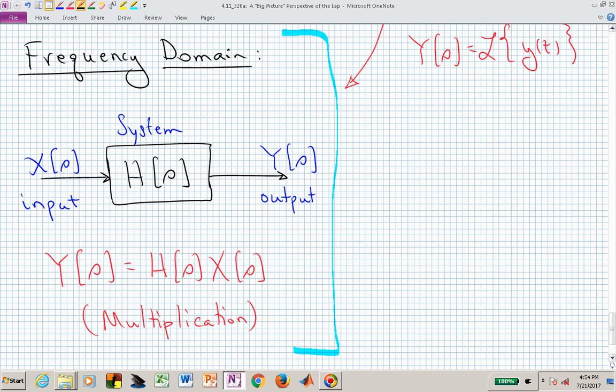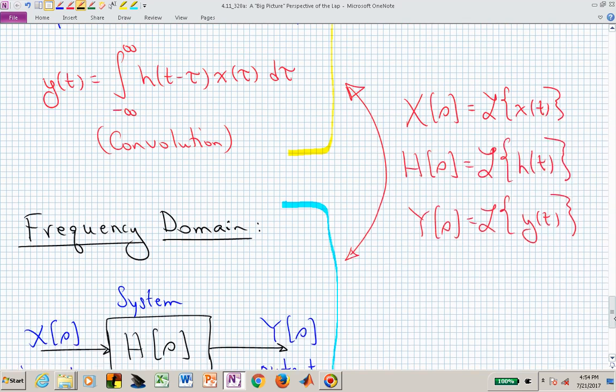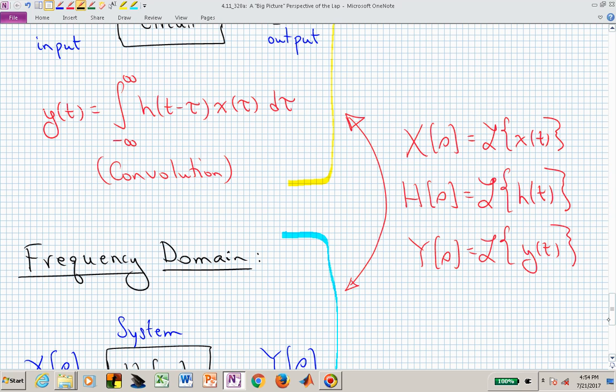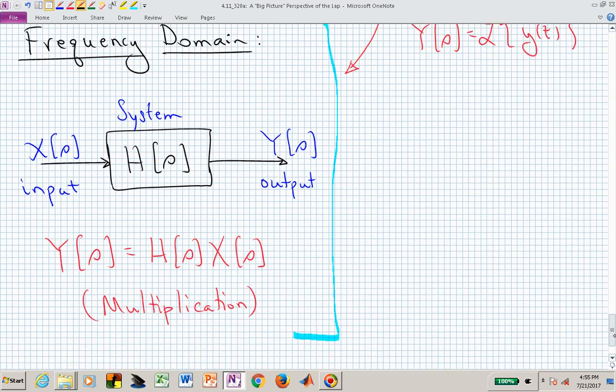Once we had this frequency domain version of our output in the form of this transform capital Y of s, we could then go back into the time domain by inverse Laplace transforming, and we'll have to worry about that concept later, but we will learn how to go now from the frequency domain back into the time domain, and that will be using the inverse Laplace transform. But this is now a big picture view of the Laplace transform.